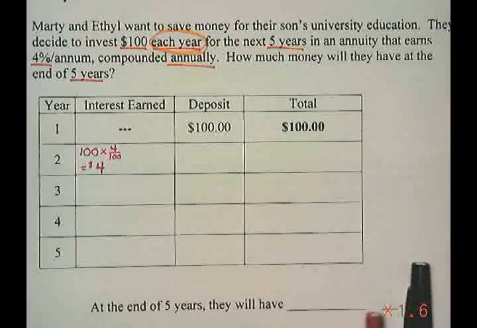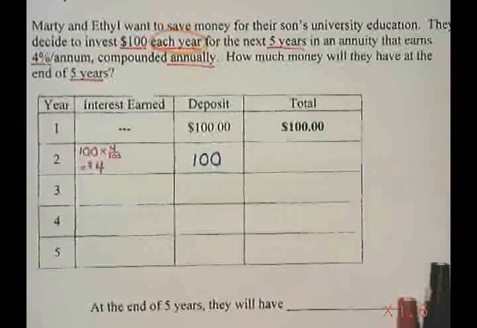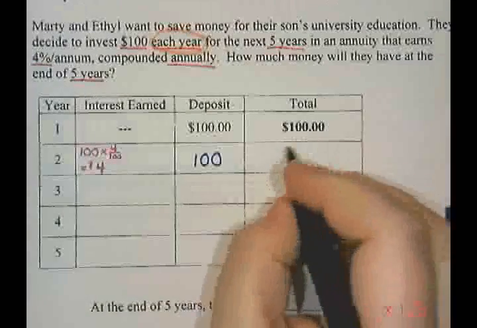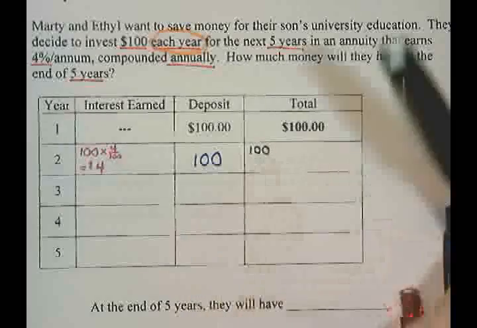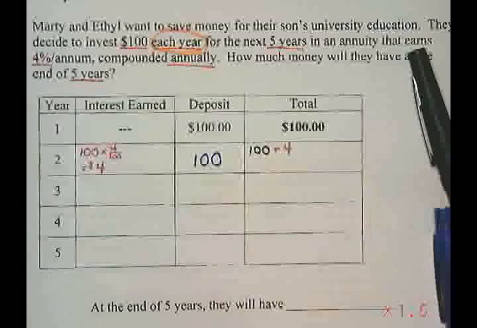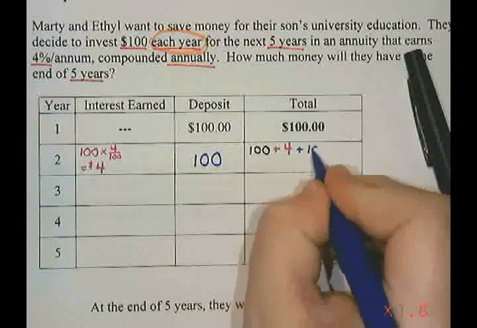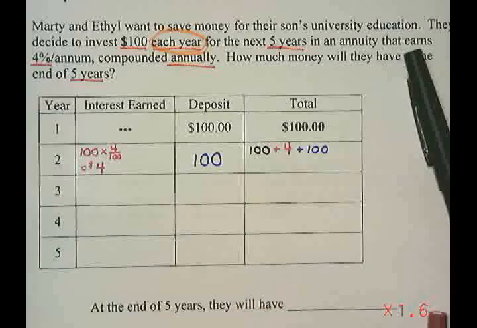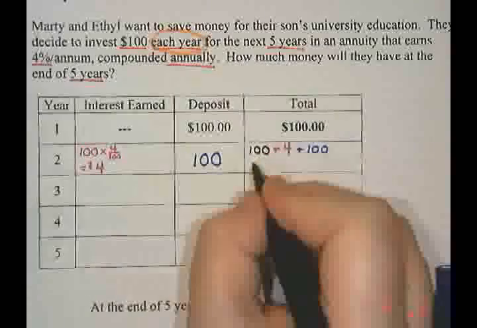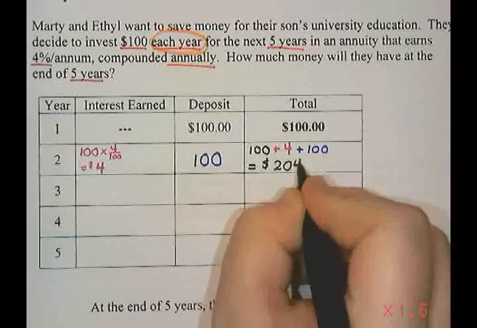Now to that, they're adding another $100 out of their pocket. So at the end of the second year, they have the $100 that they had before. They earned $4 in interest for the year, and they put in another $100 because they're going to put $100 in every year. So 100 plus 4 plus 100 means they currently have $204 sitting in the account.